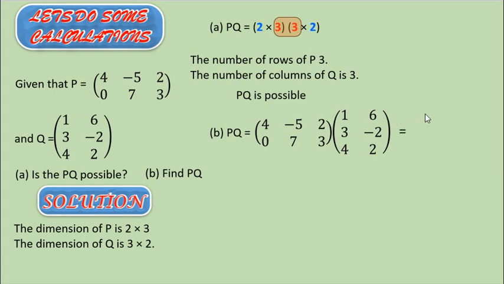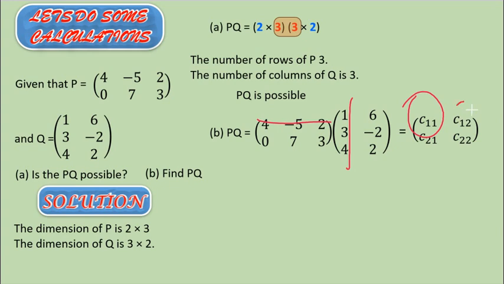If we do that very well, like we said, the dimension of the answer will be what? 2 by 2. So the element that will be in this position here is obtained by multiplying this row and this column. That means first row, first column.